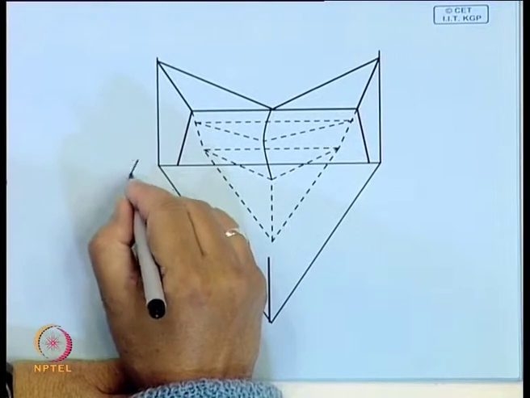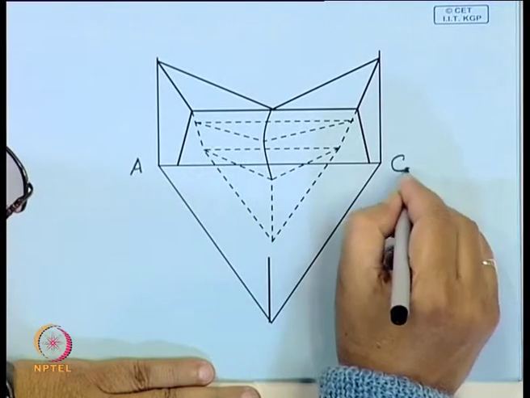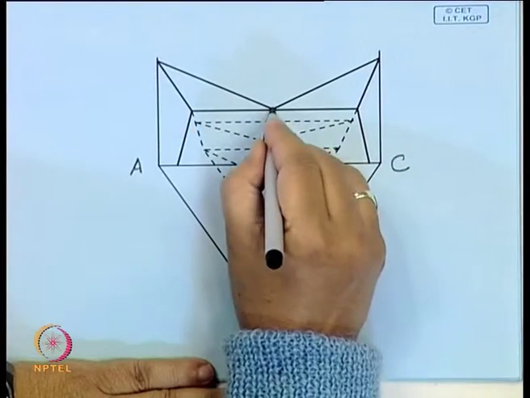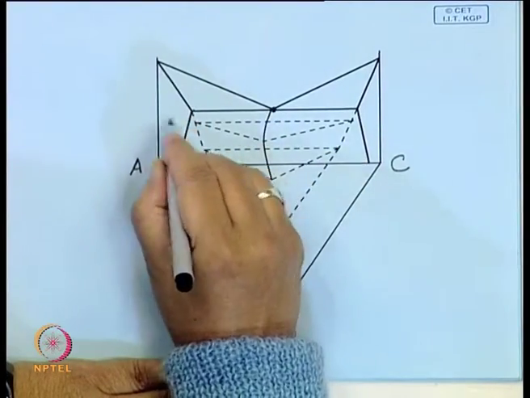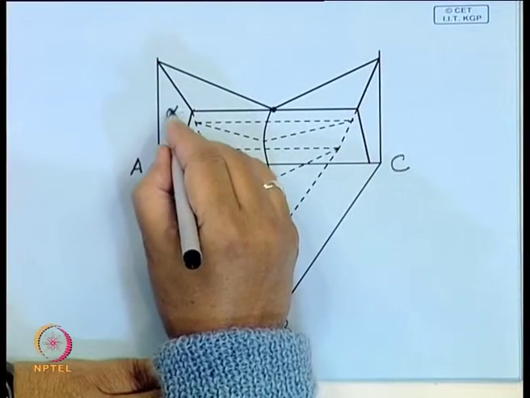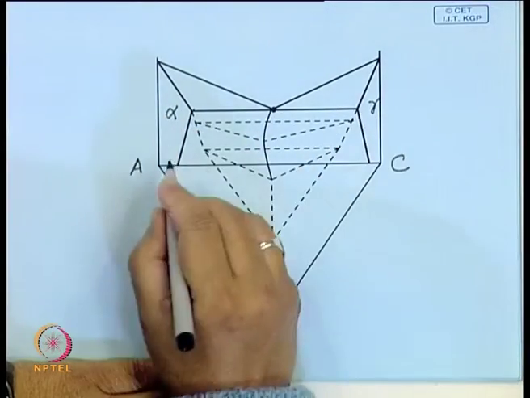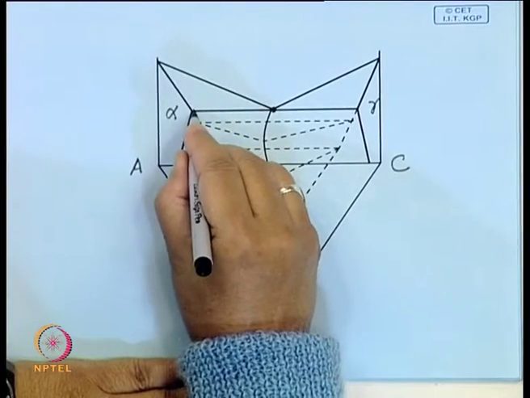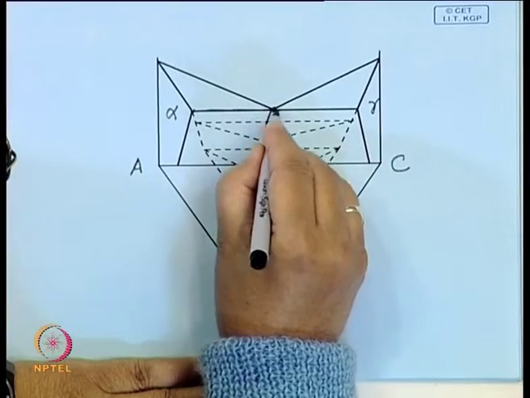Say suppose this is A, this is C, this is B. This is a binary eutectic between A and C, this portion is alpha, this portion is gamma. Now look at this here. Here is the binary eutectic, this is a line.